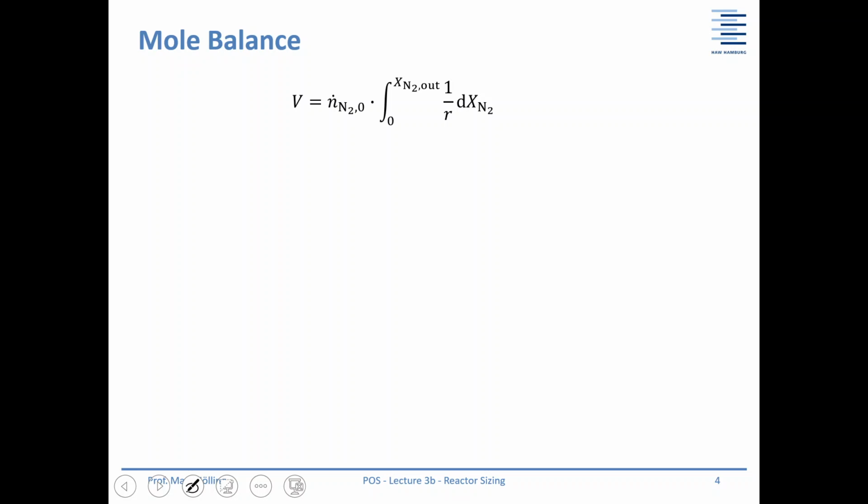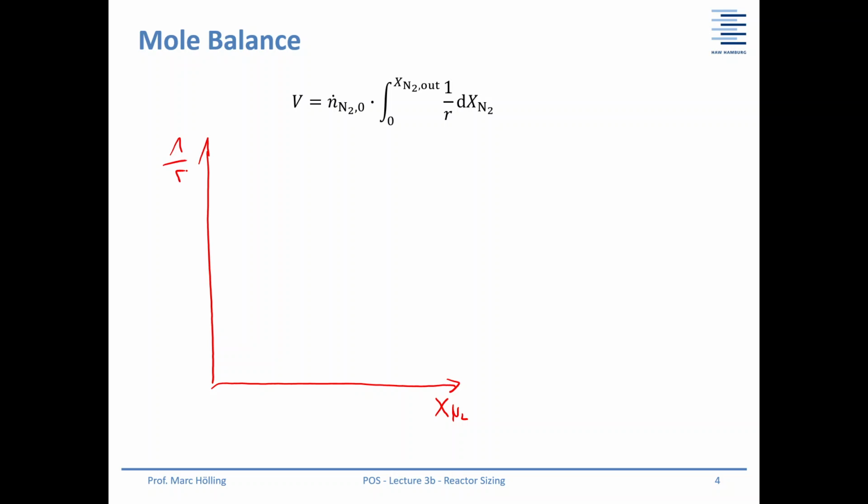So if I plot right now a diagram that looks like this, with my conversion on the x-axis and here my 1 over r, we will see that for ammonia synthesis this might look like this.